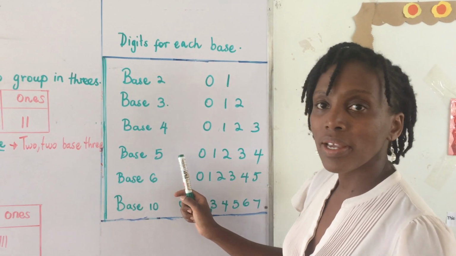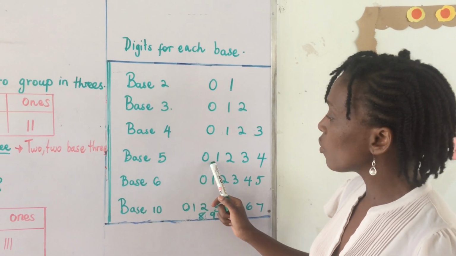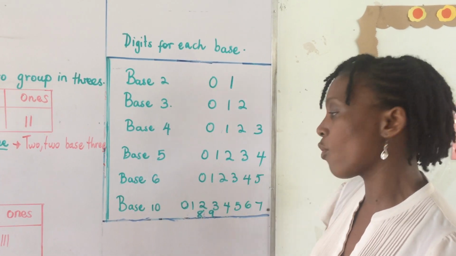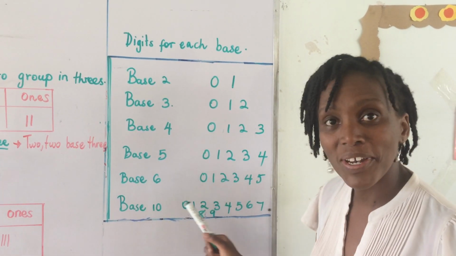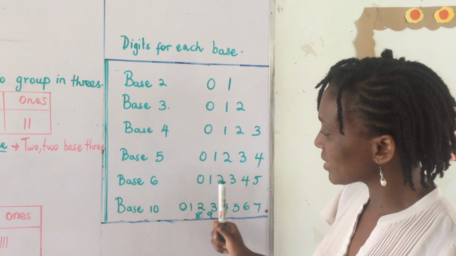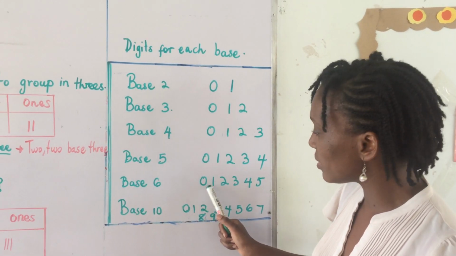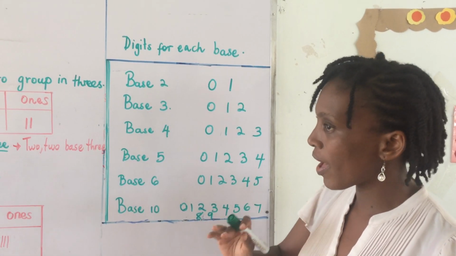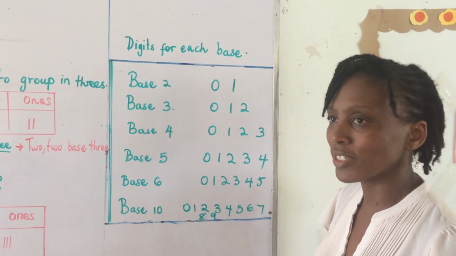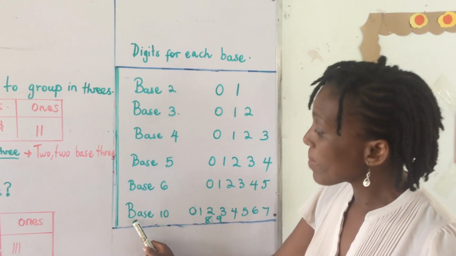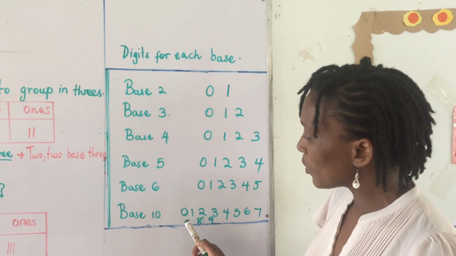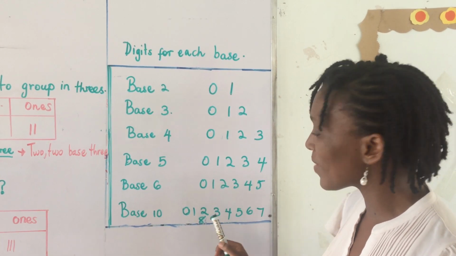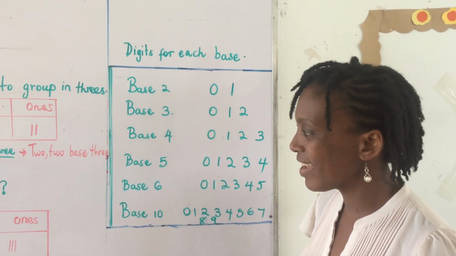When you are working in base 5, you will only use digits 0, 1, 2, 3, and 4. And it carries on like that. When you work in base 6, you'll only use digits 0, 1, 2, 3, 4, 5, and no other digits. Not 6, not 7. And in base 10, as you know, we'll use digits 0, 1, 2, 3, 4, 5, 6, 7, 8, 9. Okay?